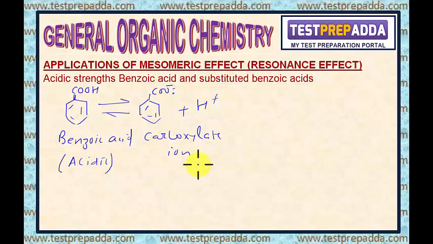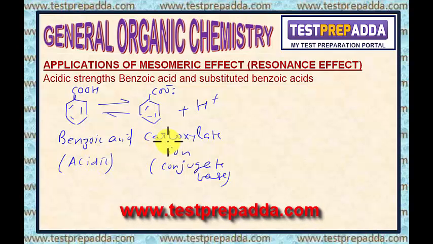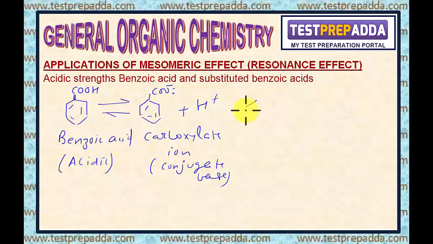So that is why this carboxylate ion will be called the conjugate base of this benzoic acid. Since we are saying this benzoic acid is acidic, its conjugate base must be stable. So we will check the stability of this carboxylate ion.